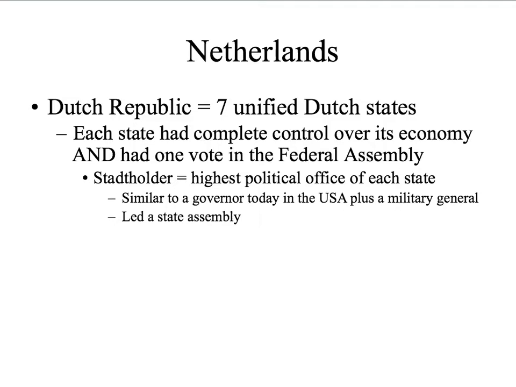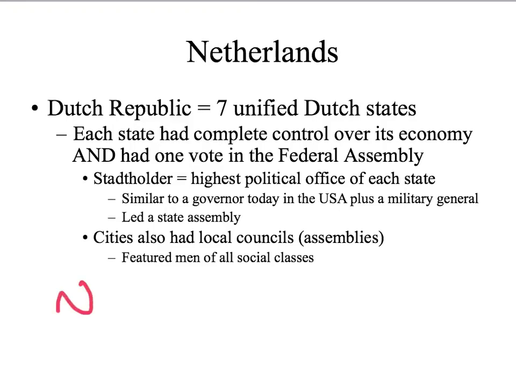And as I said, this person leads the state politically, so this person is presiding over the local assembly. Now within the 7 states you have major cities, so the cities also have local councils or assemblies as well. In these local city councils you have men of all classes, so you have a fair amount of equality here that you don't see in other countries in Europe at this time.